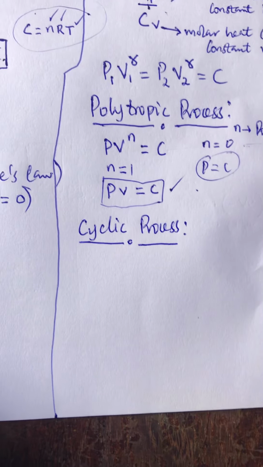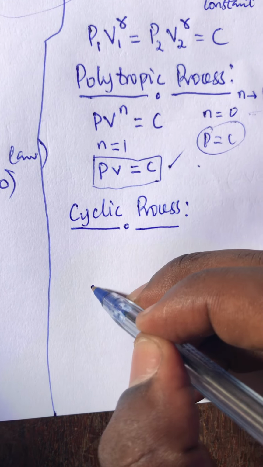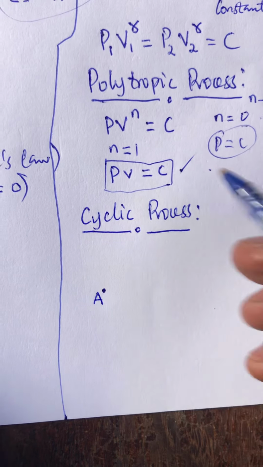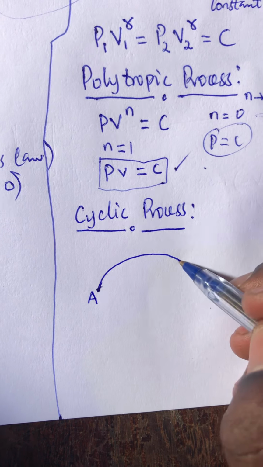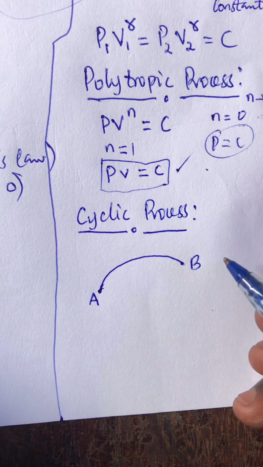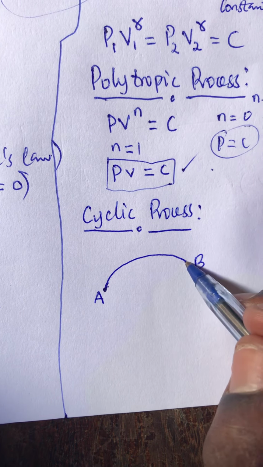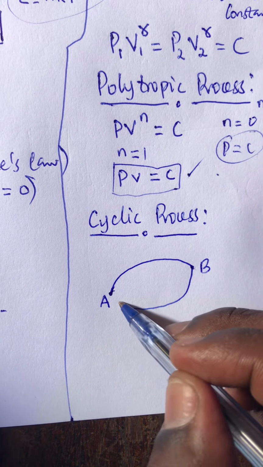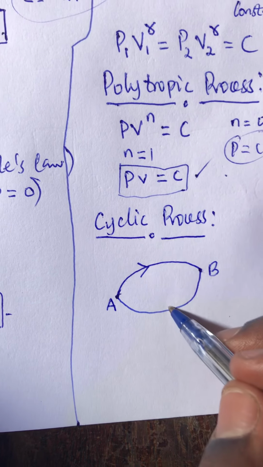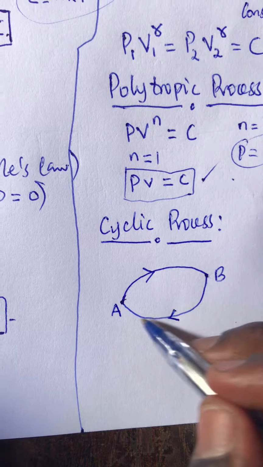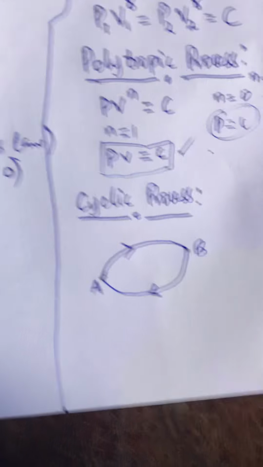For example, if I have a body coming from state A going to state B, and I can come back to state A through another process like this. So the process is going to go like this and comes back. So the process is in a circle. So that process is called cyclic.